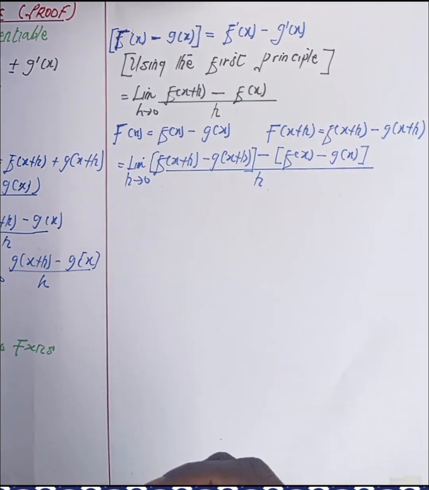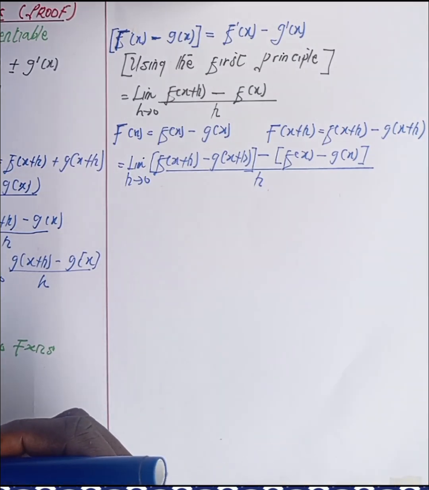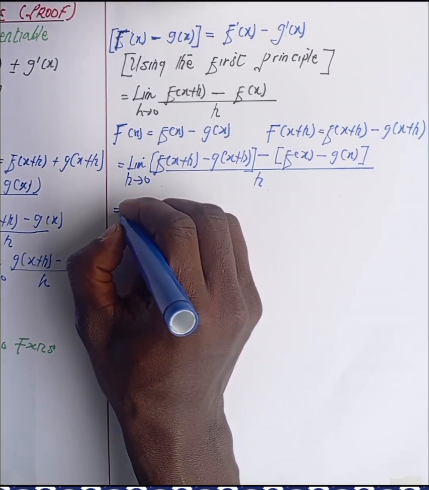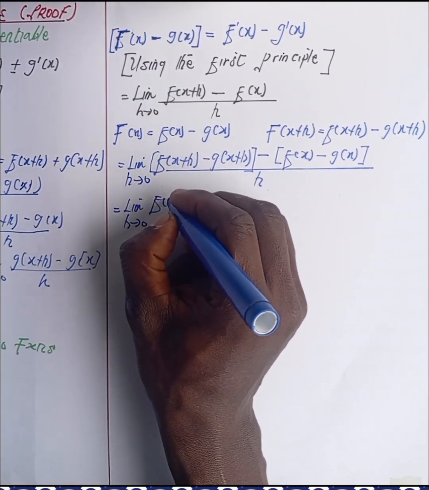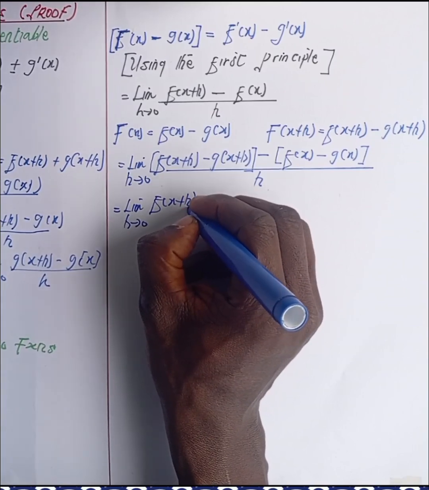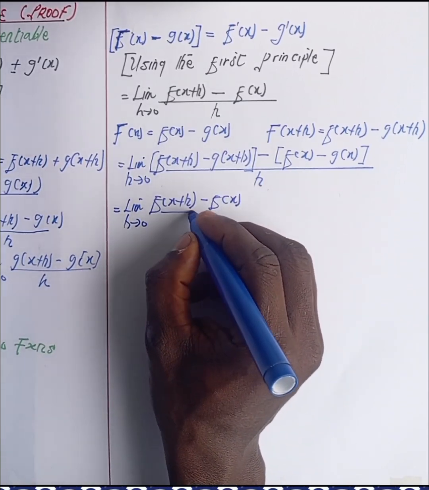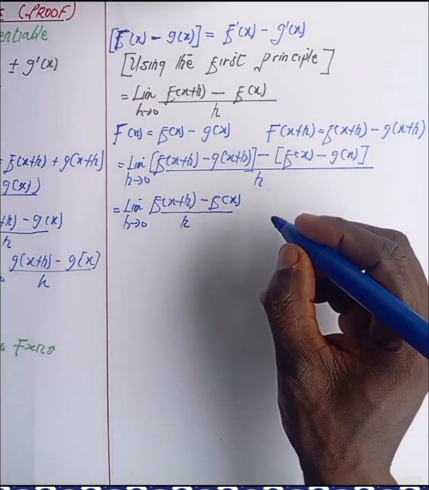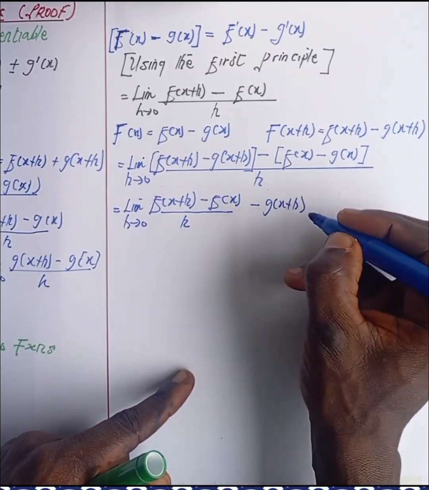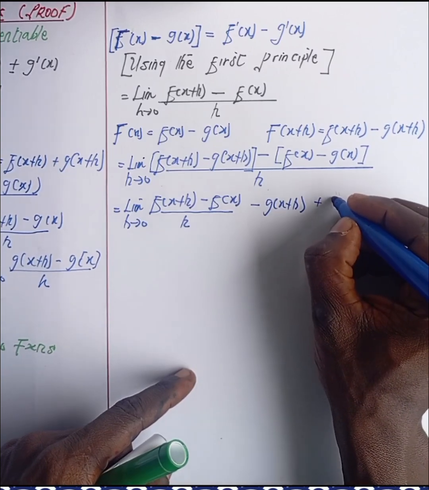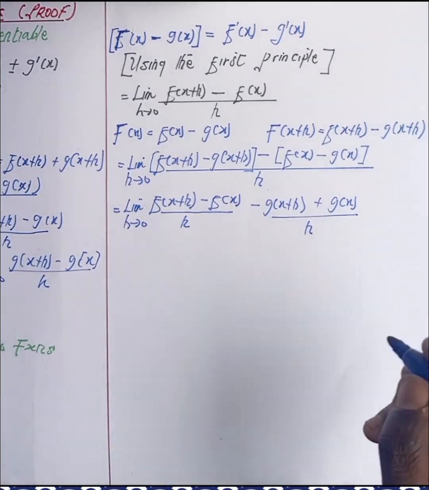So the next step is we are going to break this into the function of f and then the function of g. So we are going to get the limit as h approaches 0 of f at x plus h minus f at x, let's make it all over h, and then we have minus g at x plus h. This was giving us plus g at x all over h.